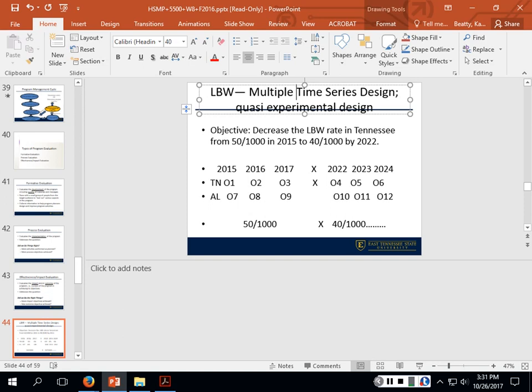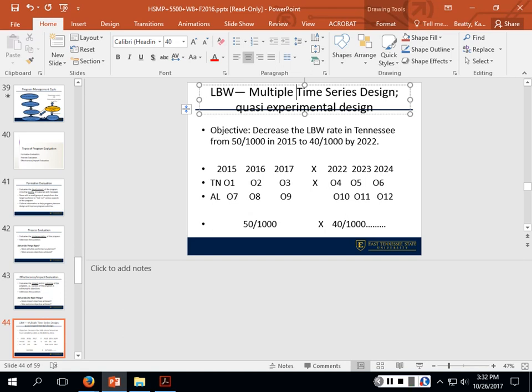Because it contains the good features from both of those designs. It contains the comparison group, and it contains multiple data points before and after. Okay? So really the multiple time series design is a combination of the time series design and the non-equivalent comparison group.